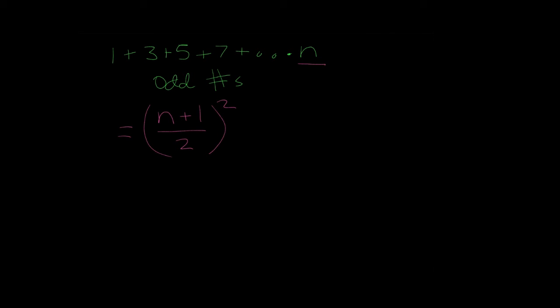So let's take a look at an example. I think it'll become a lot easier then. Let's look at the example 1 plus 3 plus 5 plus ... and then all the way up to 29. We can see that this is of the same format as above. We see all the odd numbers from 1 to a number, which is n.